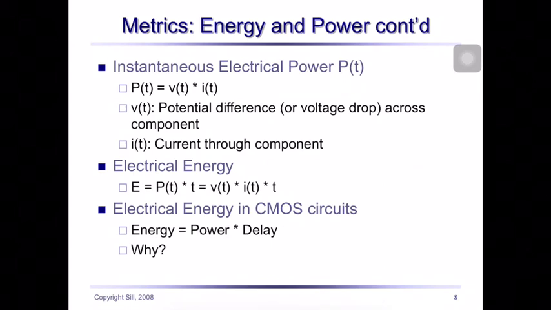Okay, so for energy, you just simply multiply the power with time. So E equals P times T, or the duration. Okay, you can also equate it as power times delay.